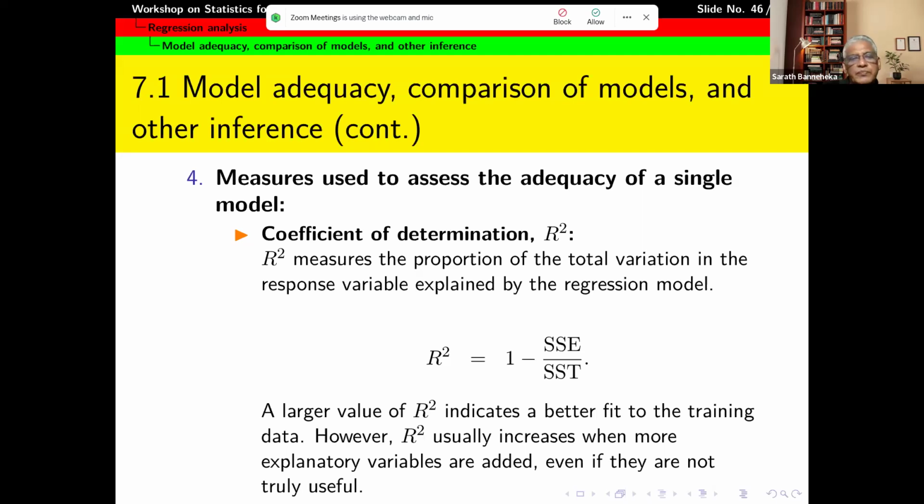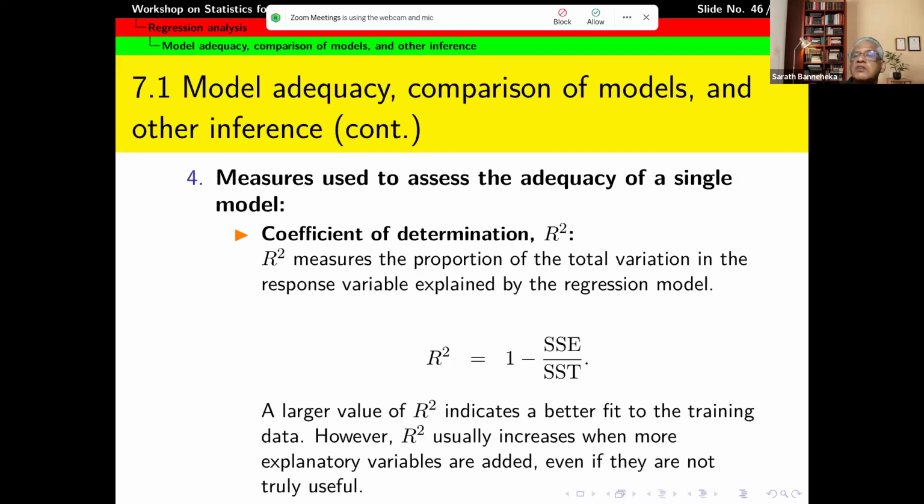This is a measure of the proportion of the total variation in Y explained by the model that you have fitted. Suppose, for example, the total variation, and here we are looking at the variance as a measure of the variation.